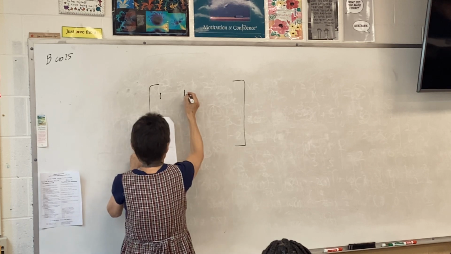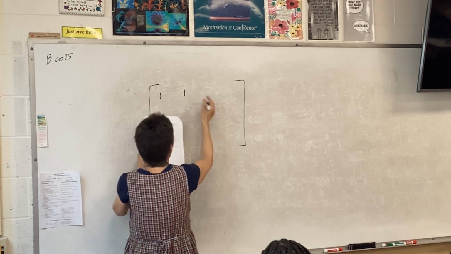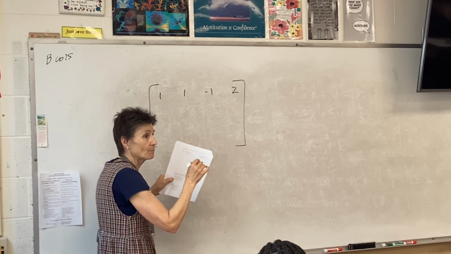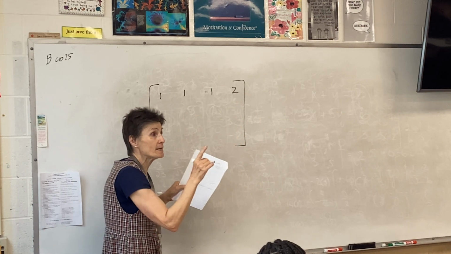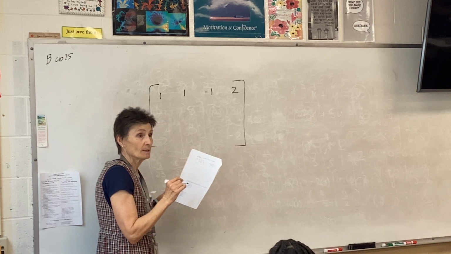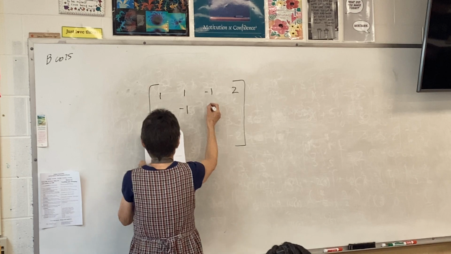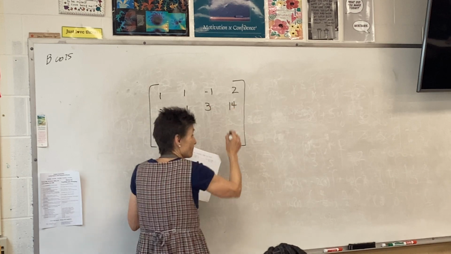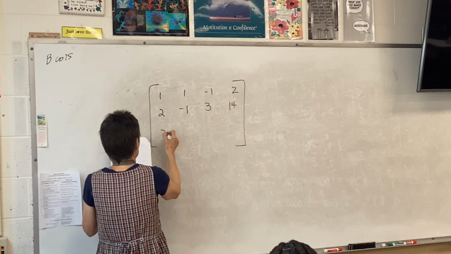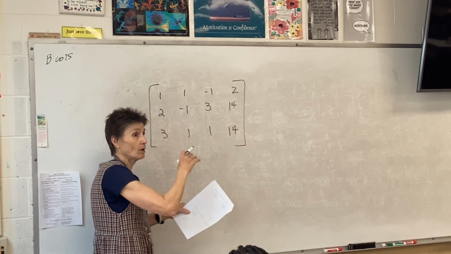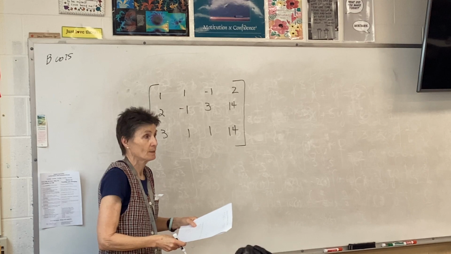This is problem A: 1, 1, -1, 2. I'm just writing down the numbers. Then the next row will be 2, -1, 3, and 14. And 3, 1, 1, 14. Everybody clear on where that matrix came from?